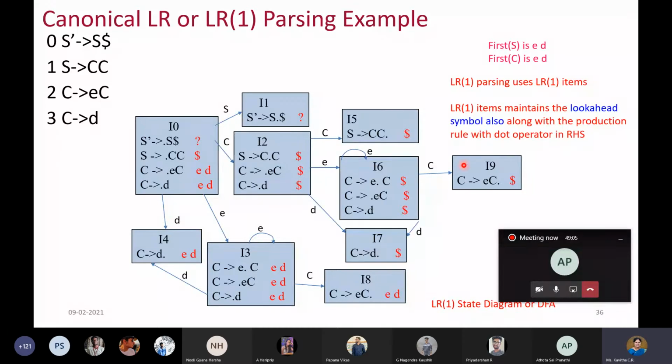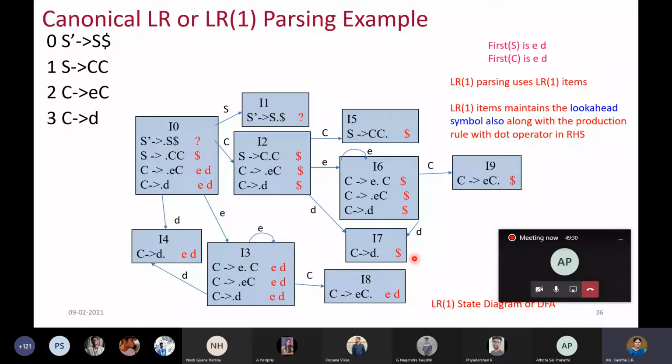At I6, we are going to read C. When you read C, this is what we are going to get, and dollar is the look ahead symbol. And at I6, when you read E, it will remain in the same state. And when you read D, it will go to this.